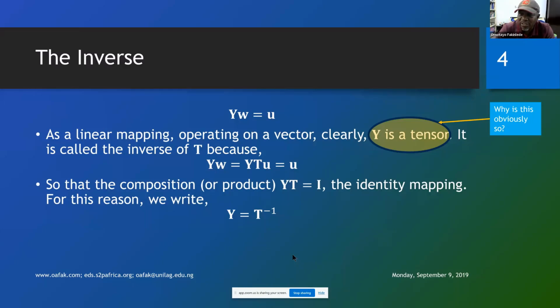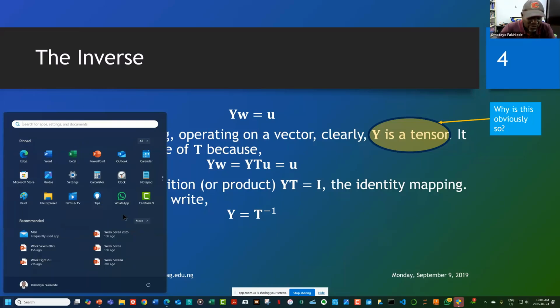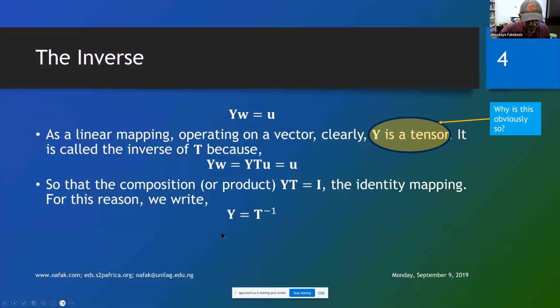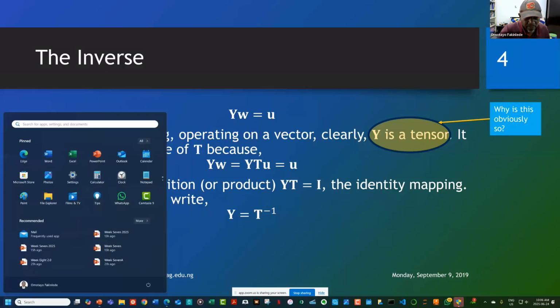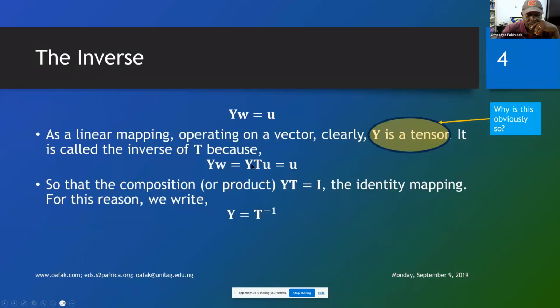Why is it obviously so? Chat room, why is Y a tensor?